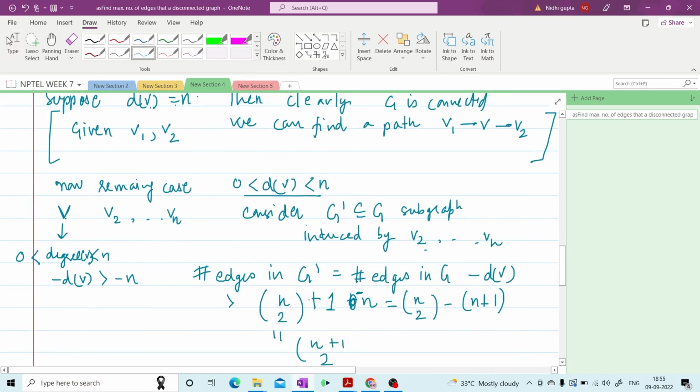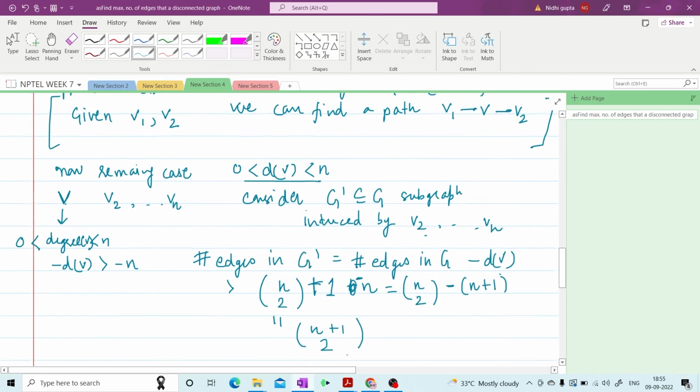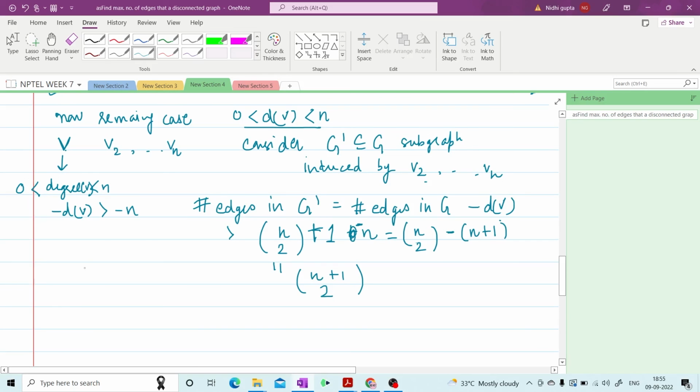This was plus 1. So this term now becomes n choose 2 minus n plus 1, which is nothing but n plus 1 choose 2. There is still a problem.